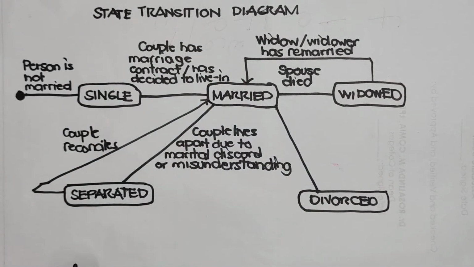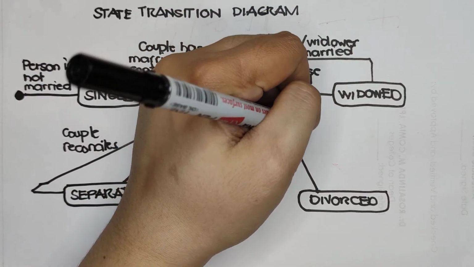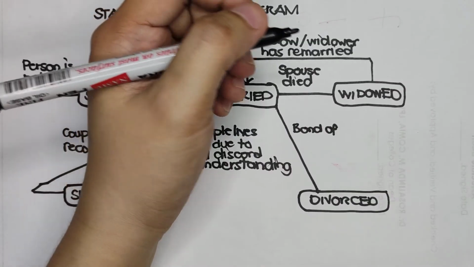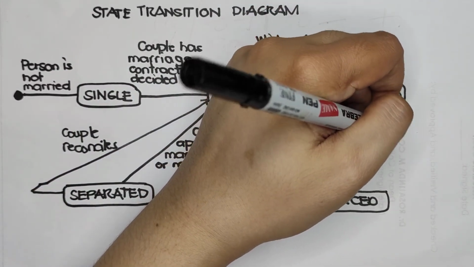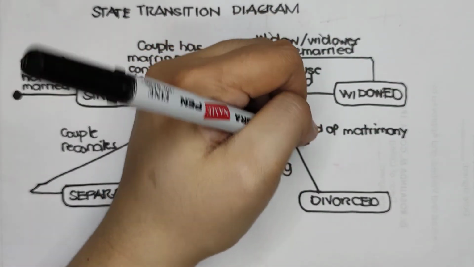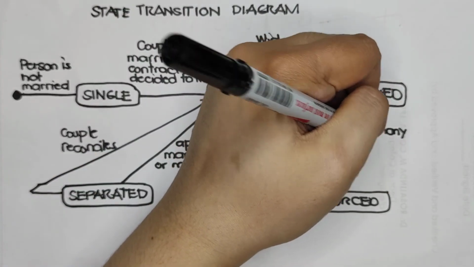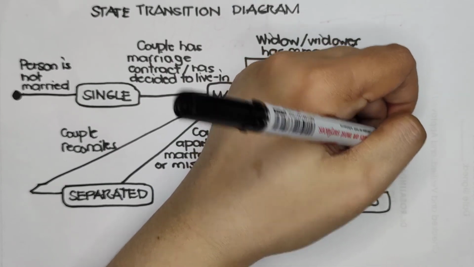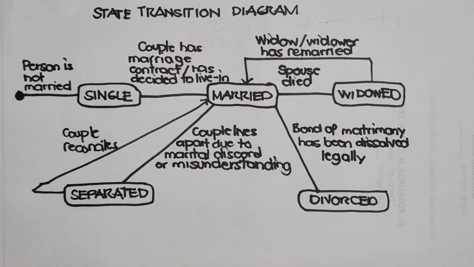So what will happen from the married state to divorced? The bond of matrimony has been dissolved legally. So that is divorced.